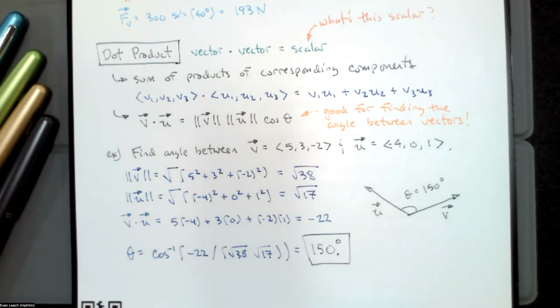There's the 150-degree angle that we just found. So look at v and u from above the plane in which they sit, and we can see that angle.